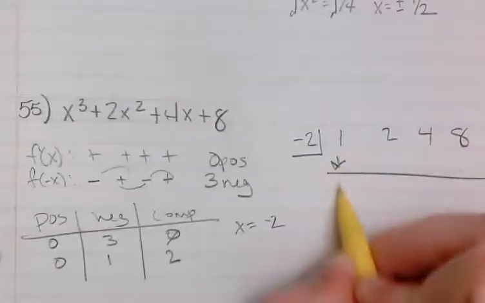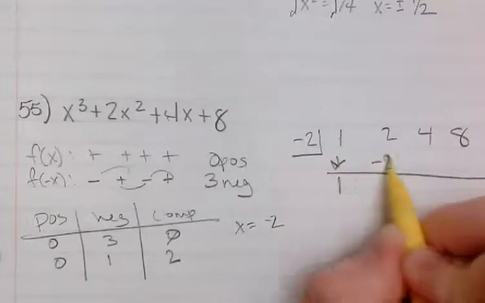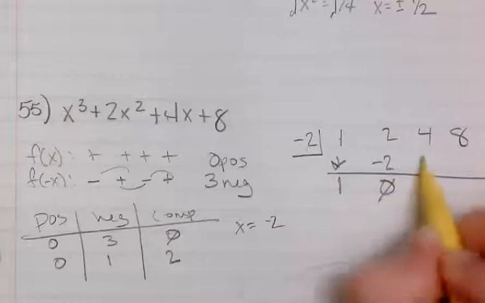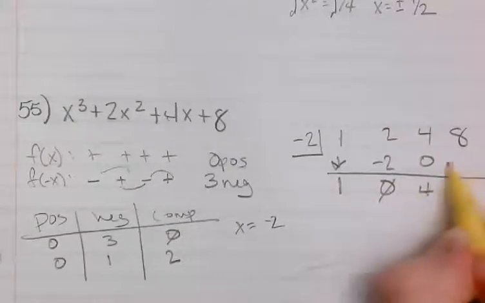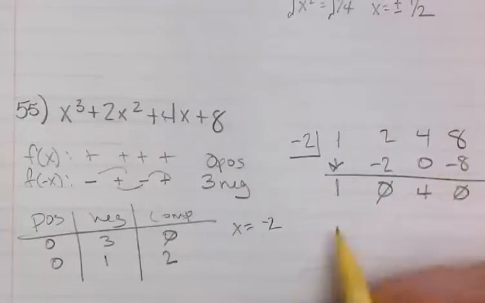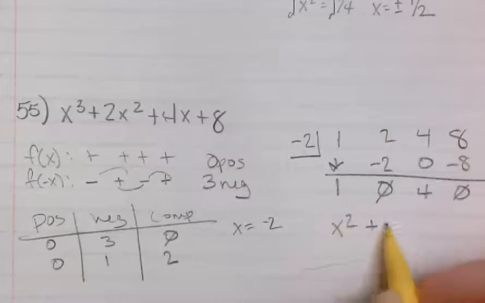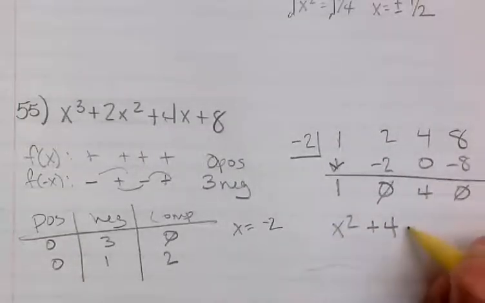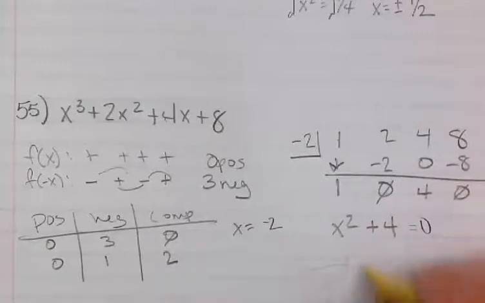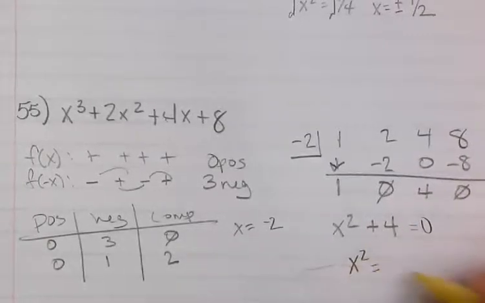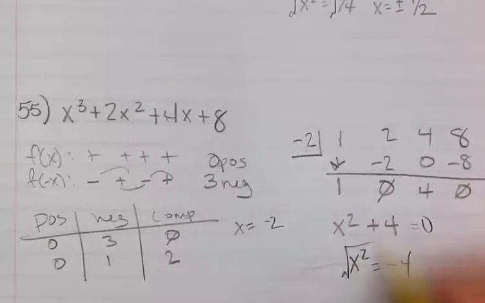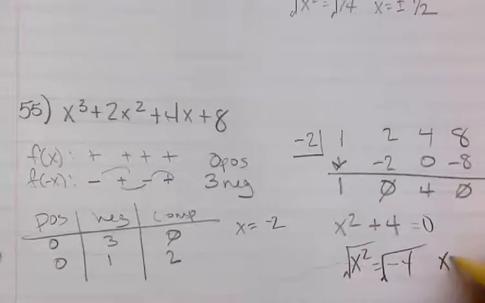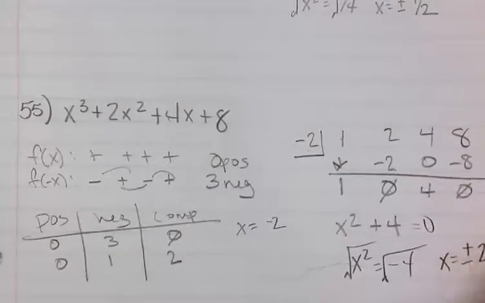Bring this one down. 1 times -2 is -2. 0, 0 there, 0, 4, -8. So I have x squared plus 4. So I have the scenario of x squared plus 4 equals 0. x squared equals -4. Square root: x equals plus or minus 2i.